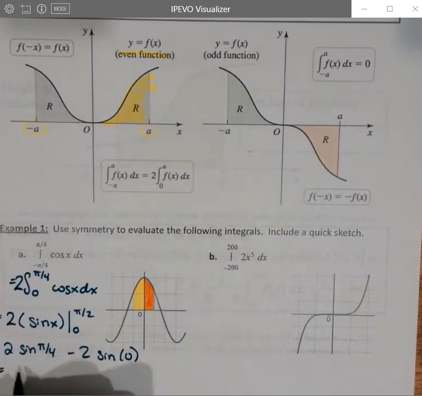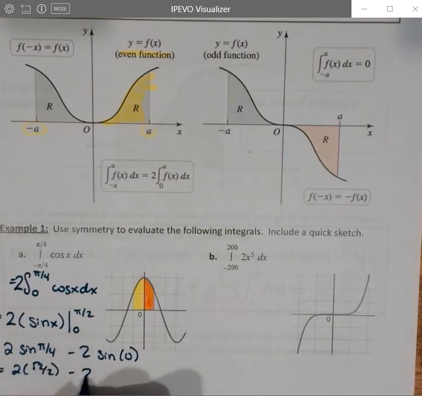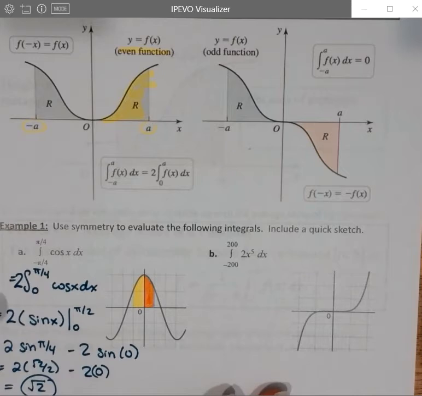So 2 times the sine of pi fourths is root 2 over 2, so 2 square root of 2 over 2, minus 2 times sine of 0, and sine of 0 is 0. So I end up with the square root of 2 for our area. I could have done it with those original bounds. It just wouldn't have had something come out as 0, making one part of it easier to calculate. Not a big deal. So it's not as helpful for an even function, but it is still helpful because it's easier to plug 0 into most functions.